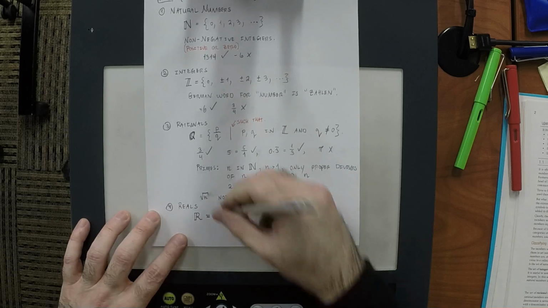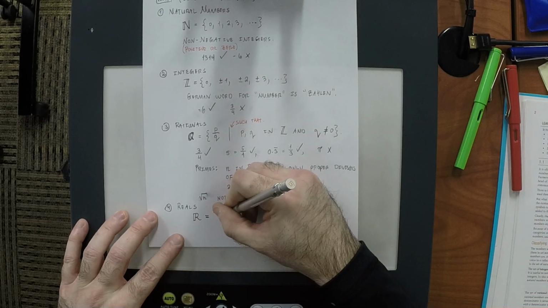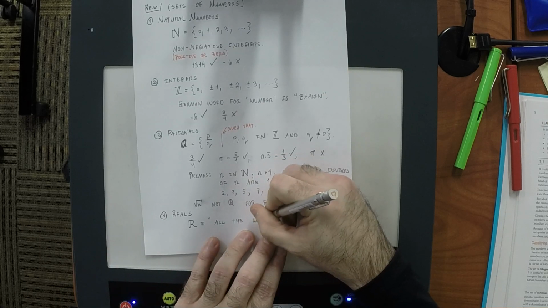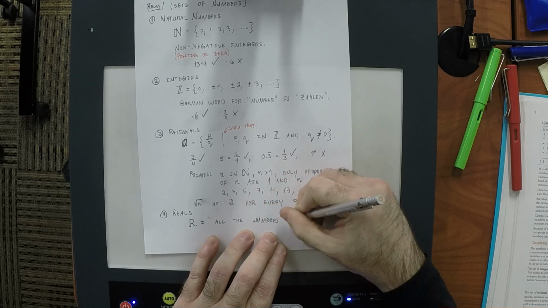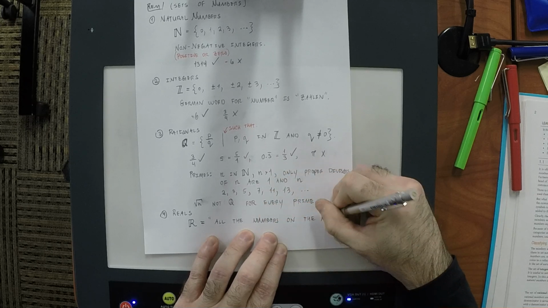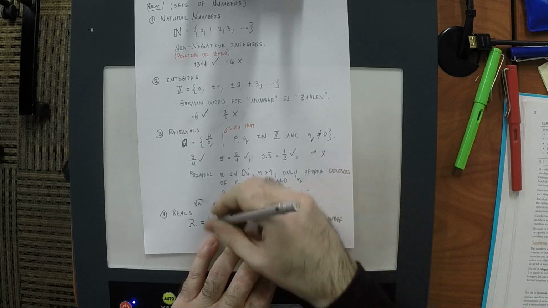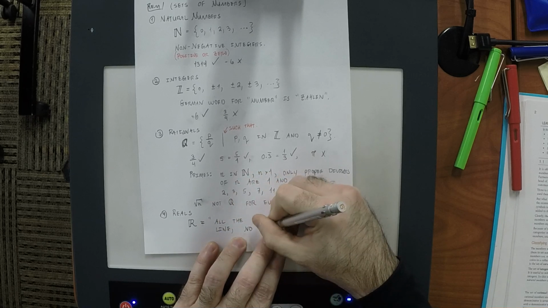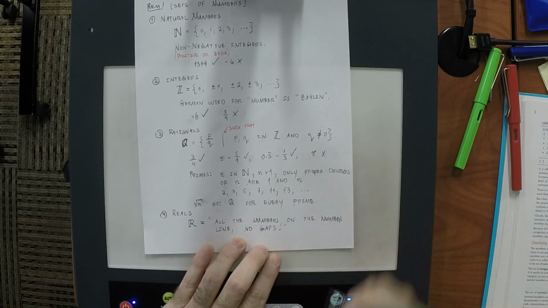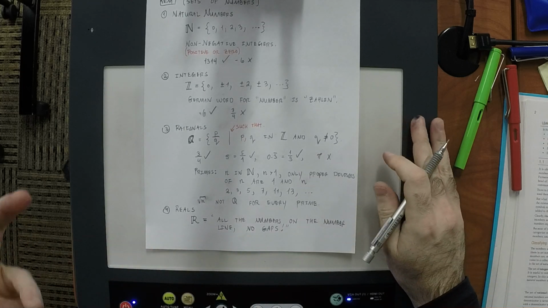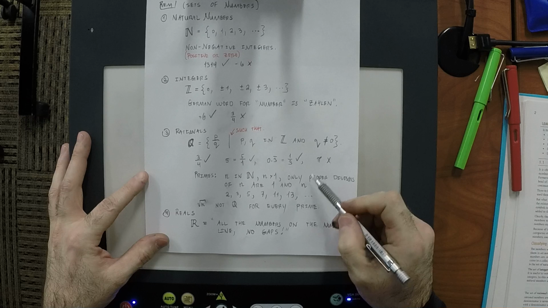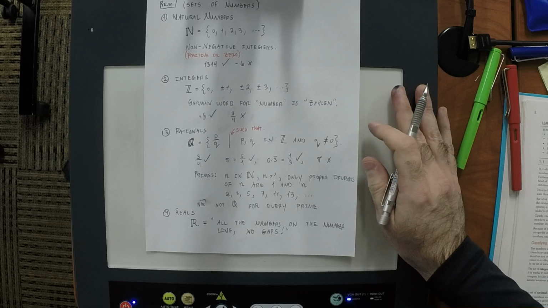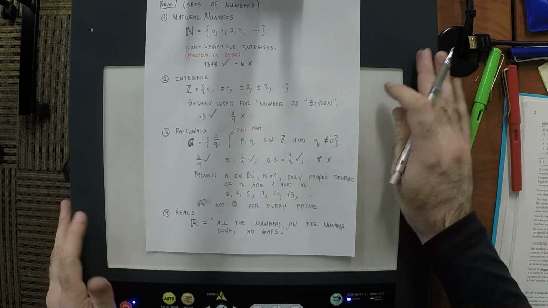So I'm going to be a little loose here and say this is equal to all the numbers on the number line, and there are no gaps. The rationals seem to be a lot of the numbers on the number line, but apparently there are gaps, like there's a gap at pi. So pi is not rational, but it is real. And the square root of any prime is not rational, but it is real.